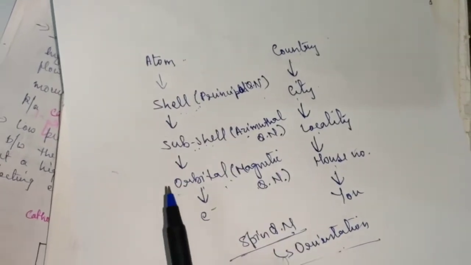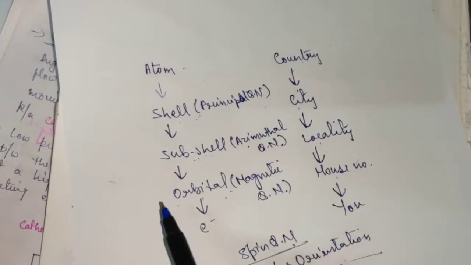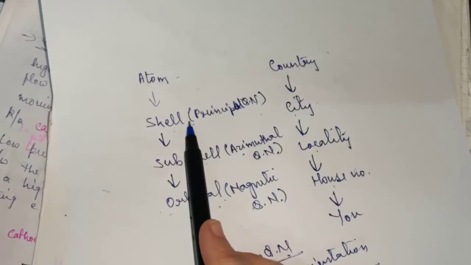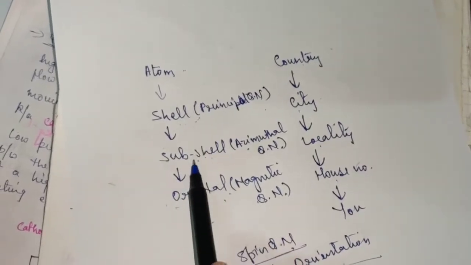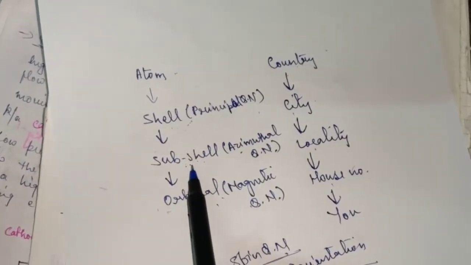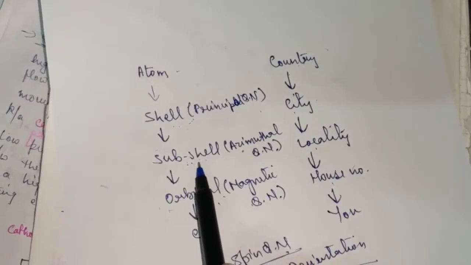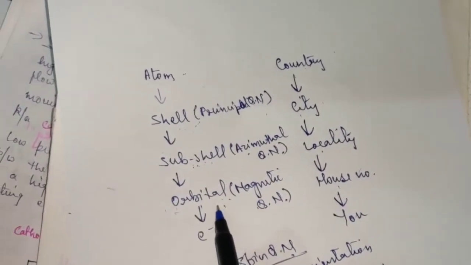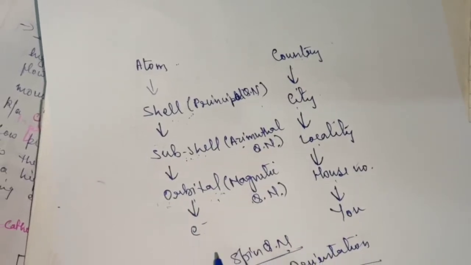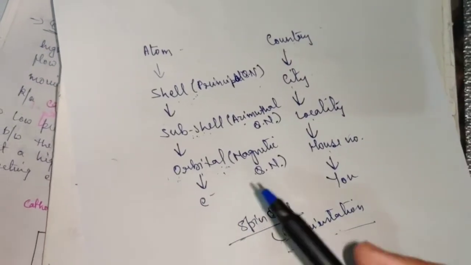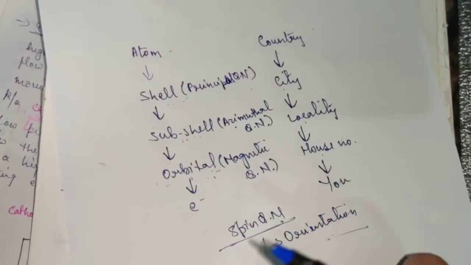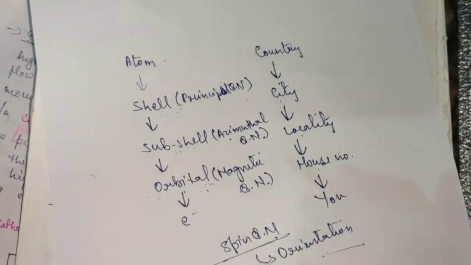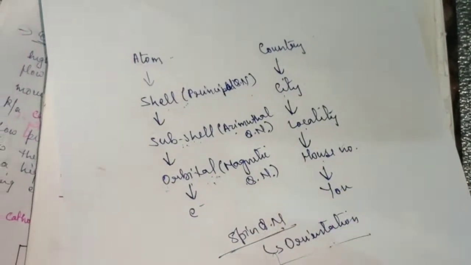Once the person enters your house, the second thing is to locate your room. Then to find your position, he enters your room and finds you on your furniture, whether you are sitting on the sofa or lying on your bed. And last is your orientation, whether you are lying straight or sitting, or whatever the orientation is.